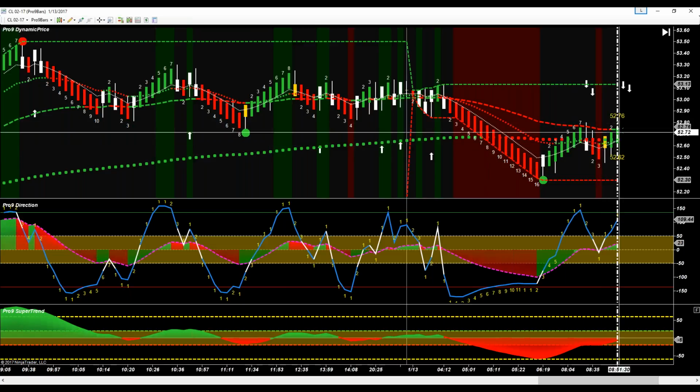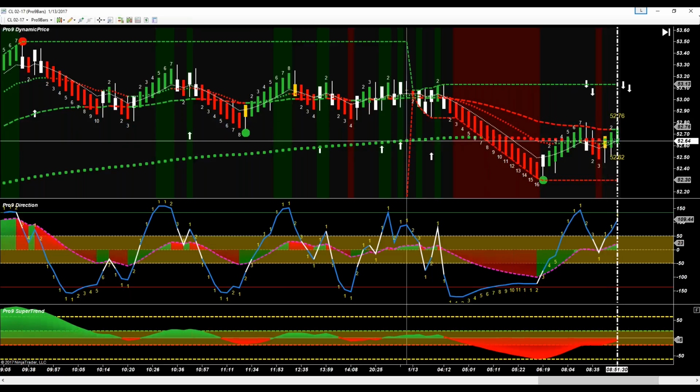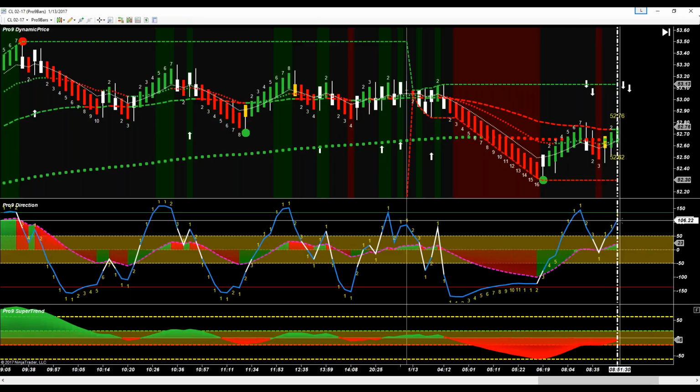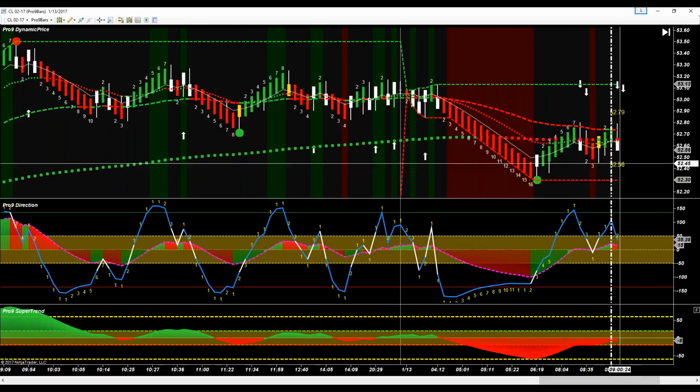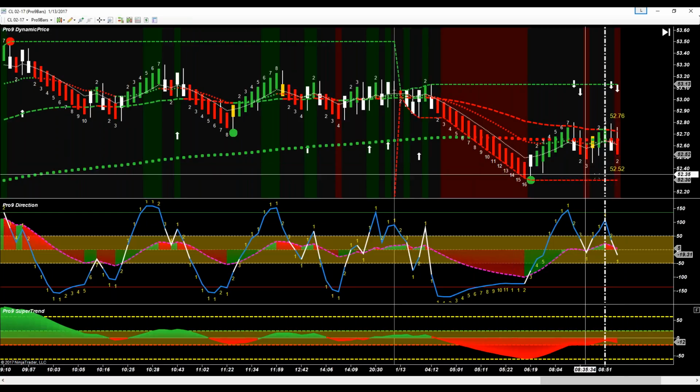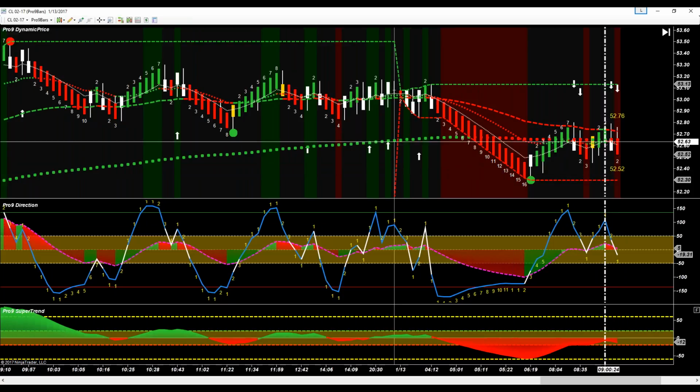We see that our EMAs are in order, but it doesn't look very pretty. We just had our blue line bounce off the 0, didn't reach its extreme, and now after this turn bar, I'm seeing a few turn bars too close. I've got the 10, 20, and the 200 all wrapped up together.